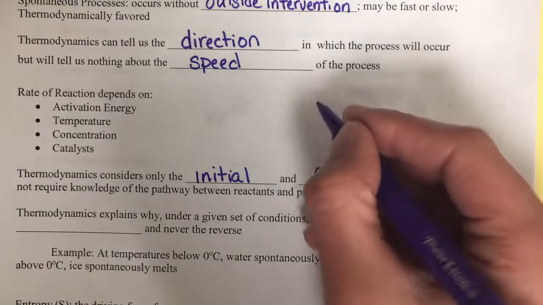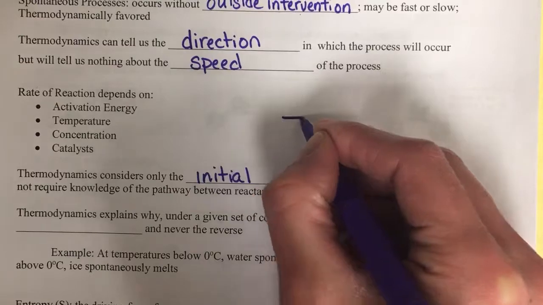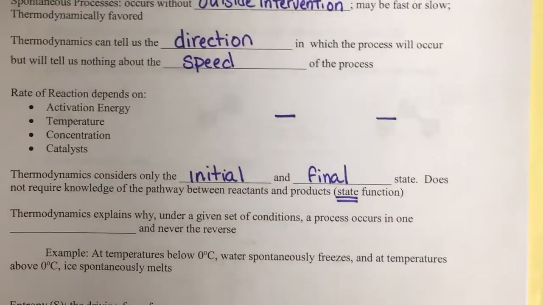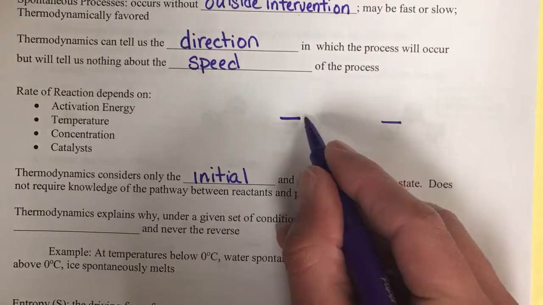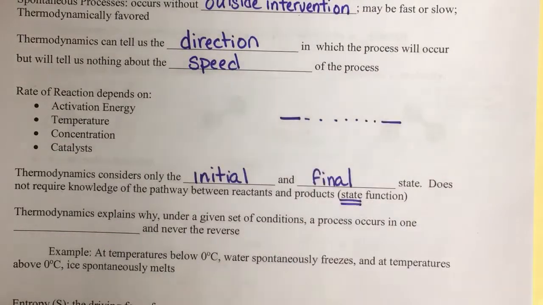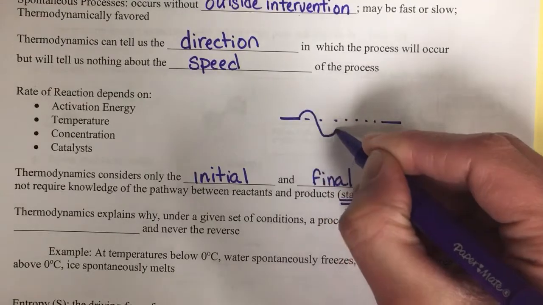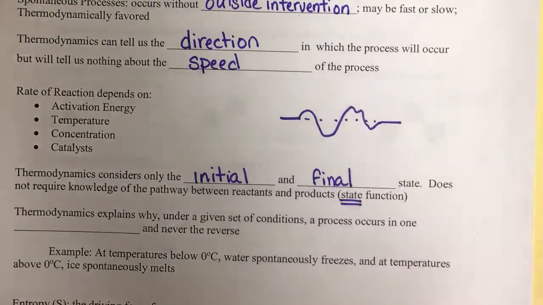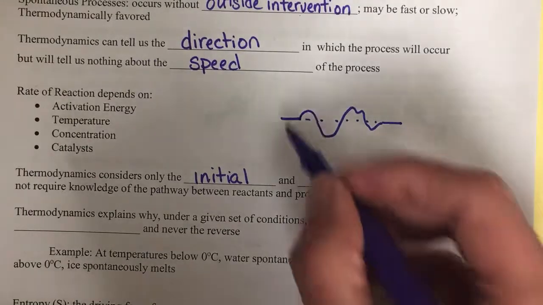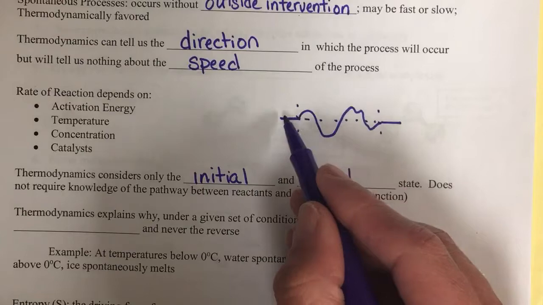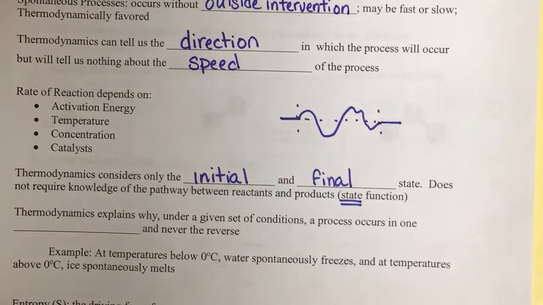Remember, in a state function, if this is my initial step and this is my final step, I could go the direct route. That's one way to get there. Or I could take a different path. A state function says, I don't care what happens in this middle part. I only care about where I start and where I end, okay?